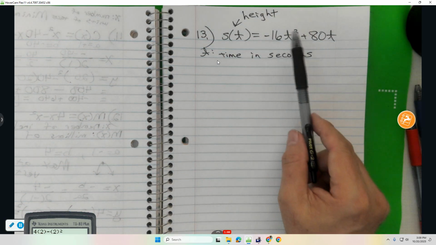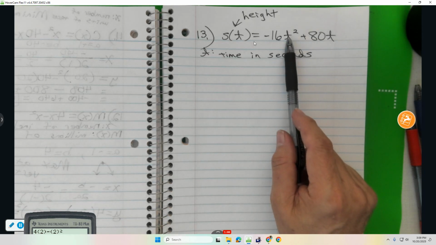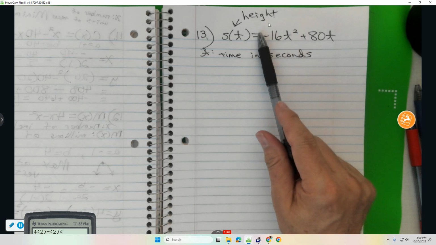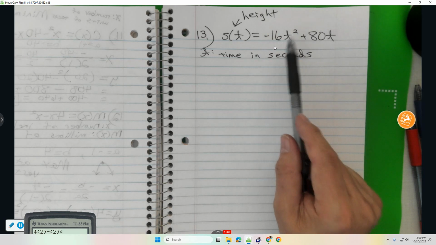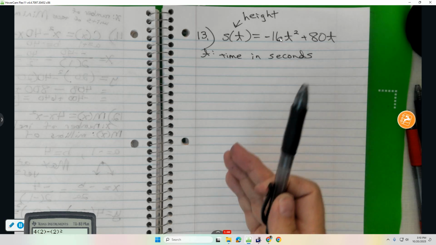Whenever something's projected upward without the power of a rocket, there's always a negative 16t squared included in the function. That's a result of the acceleration, because it's going to go up and up and up, and eventually gravity's pulling it down, and so it slows as it goes up.